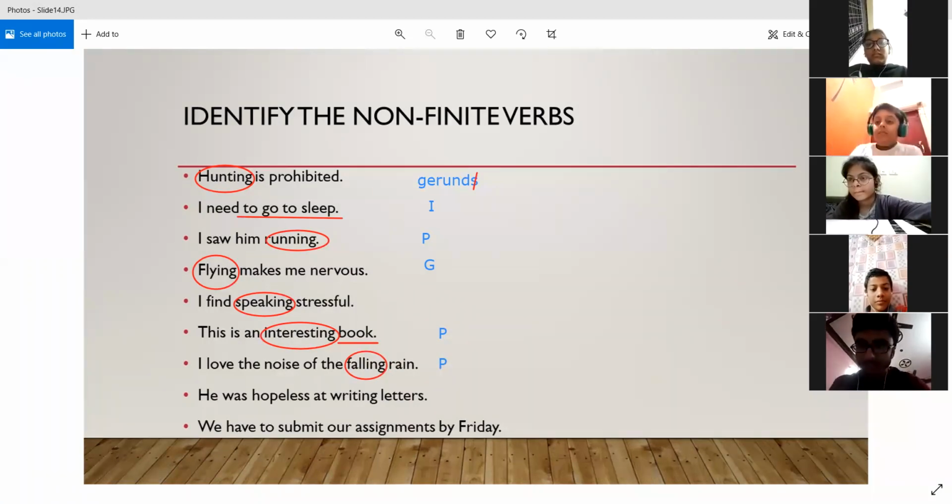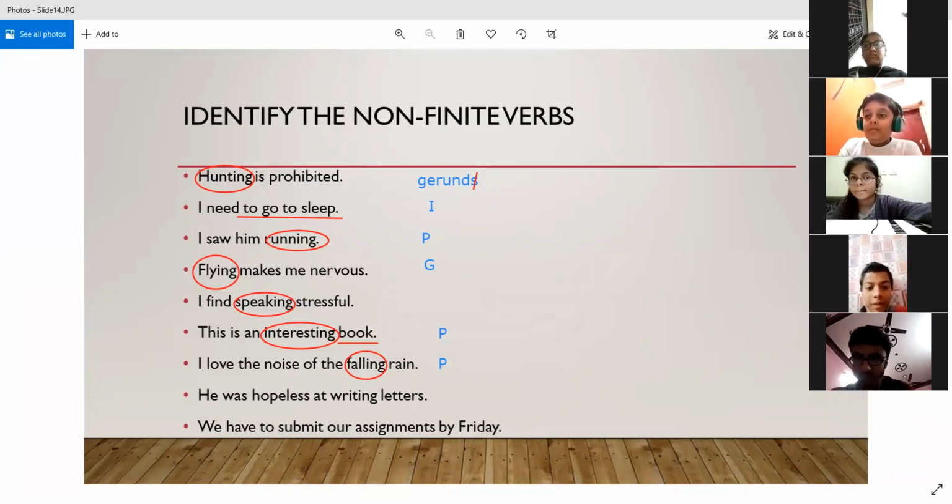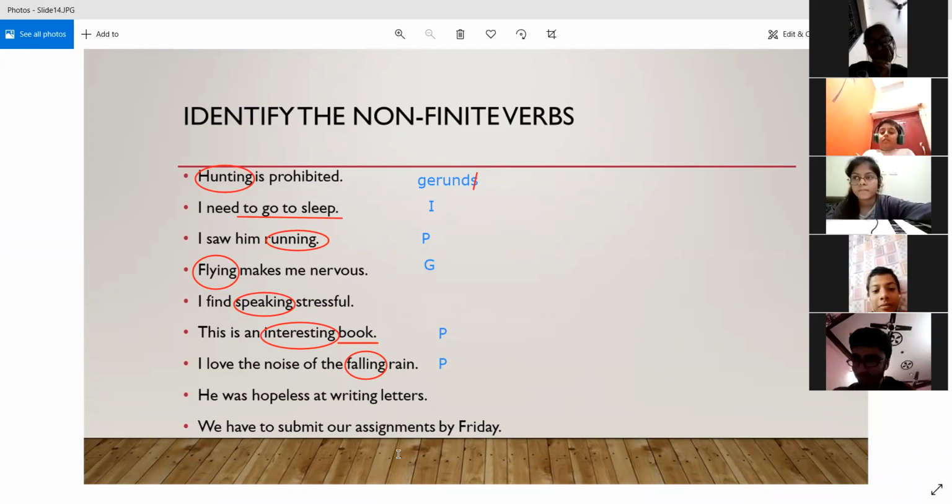Okay. Coming to Aryan. The writing will be present participle. Okay, writing is the present participle. All right, can you tell me the reason? Sir, because it is acting as an adverb. How is writing acting as an adverb?